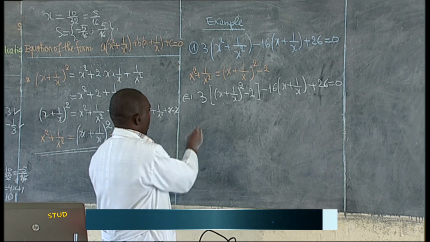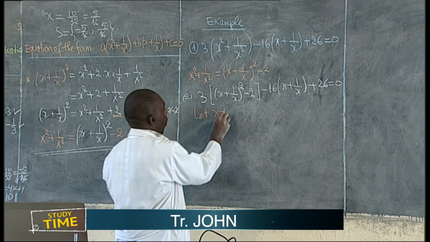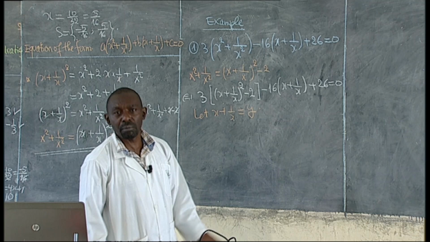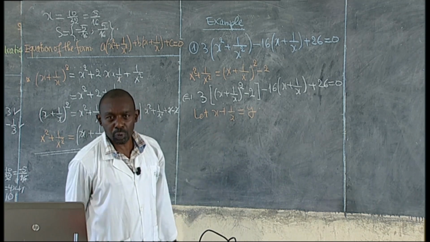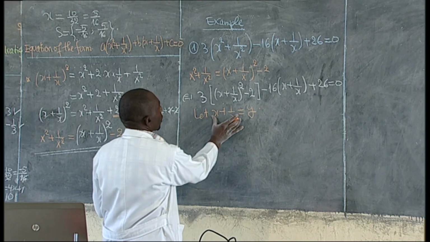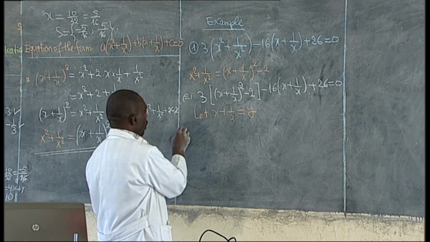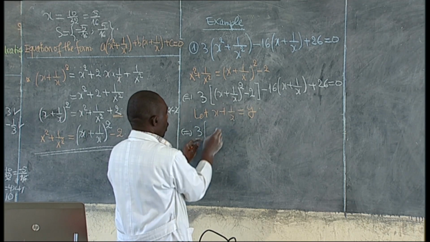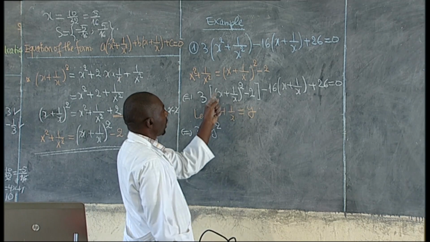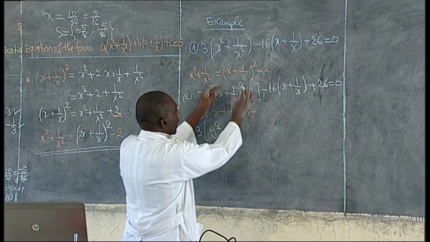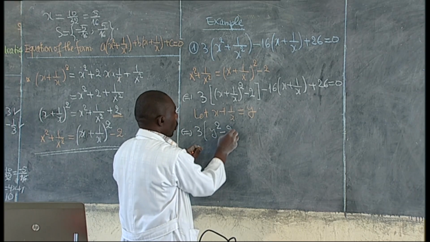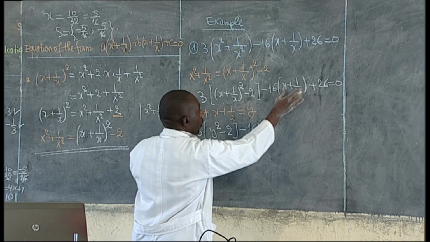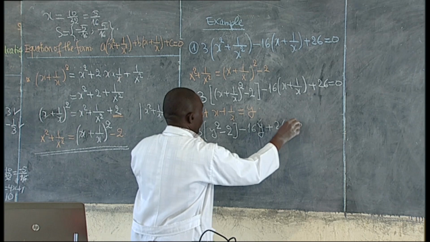Then I let x plus 1 divided by x be y. You can also put z, you can put m, you can put t. It's up to you. Me, I choose y. So the equation becomes 3 times (y squared minus 2), because x plus 1 divided by x is y, minus 16 times y, plus 26 equals 0.